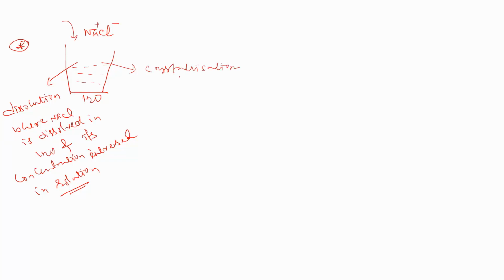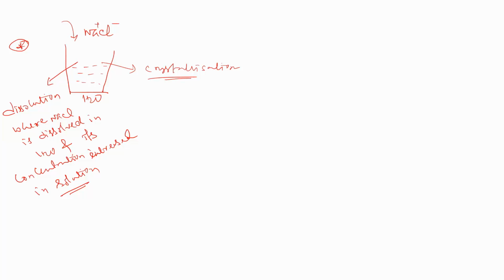When will this process happen? Suppose I have added 4 gram NaCl, and it continues dissolving and forming a solution. But simultaneously some NaCl connects to other NaCl and forms a crystal. That is called the crystallization process.